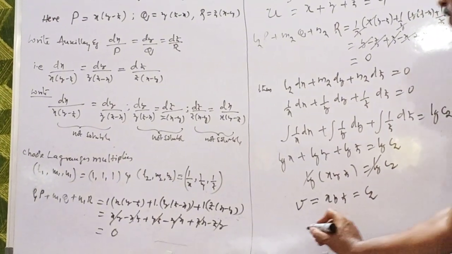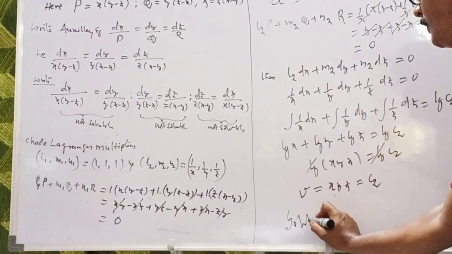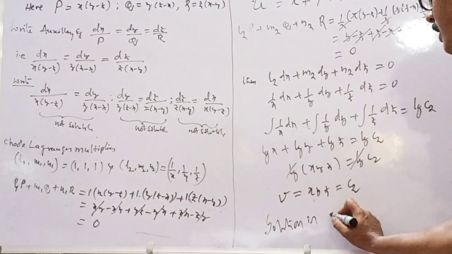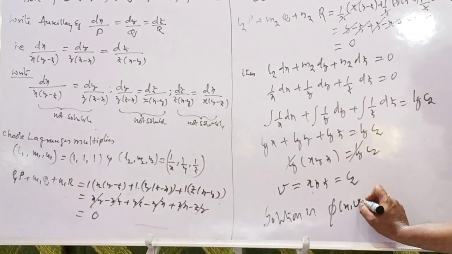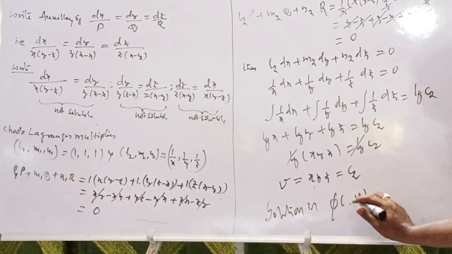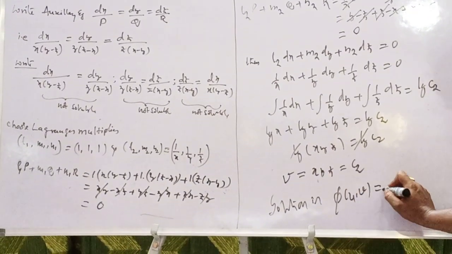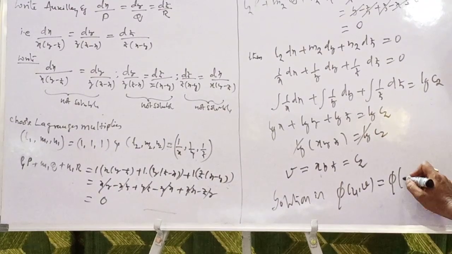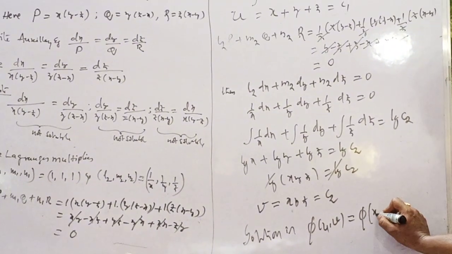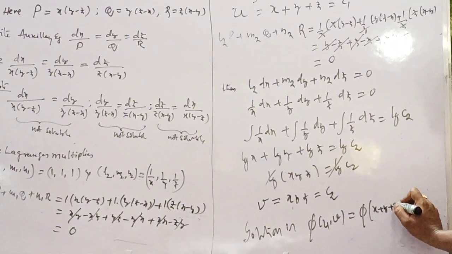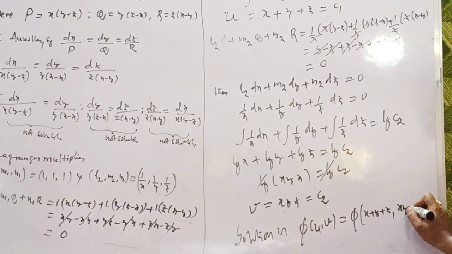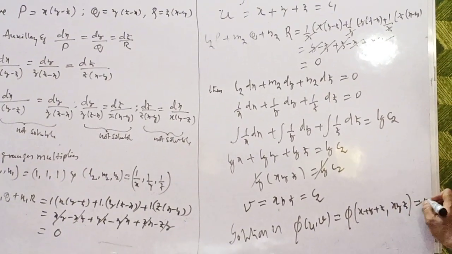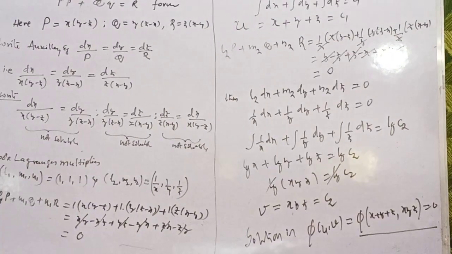Then the solution is phi of u comma v equal to 0. That is, phi of (x plus y plus z, xyz) equal to 0 is the required general solution.